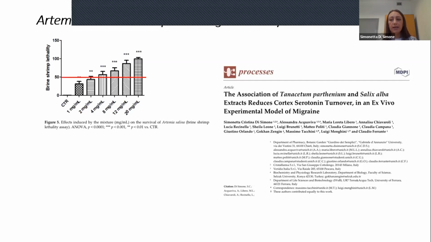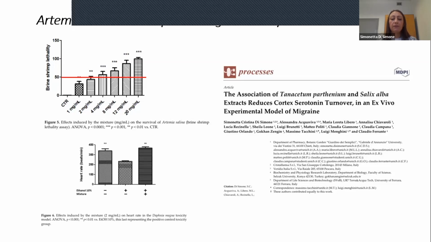Considering this result on the brine shrimp assay, the mixture was tested at the concentration of 2 milligrams per milliliter in the Daphnia magna toxicity test to evaluate eventual cardiotoxic effects with respect to a 10% ethanol solution, the ethanol representing the reference cardiotoxic stimulus.